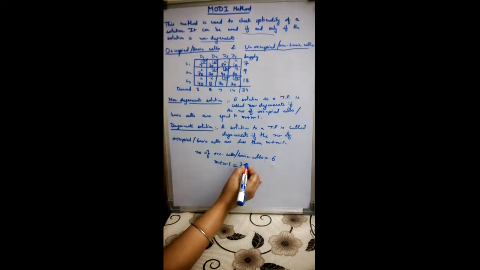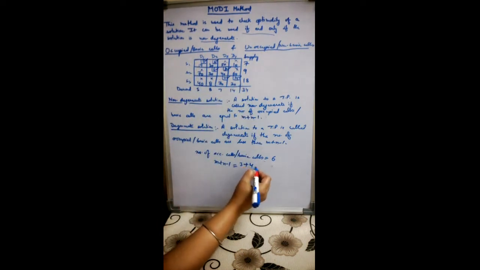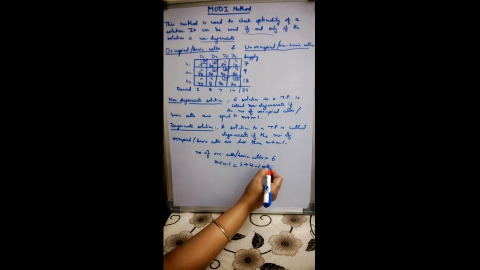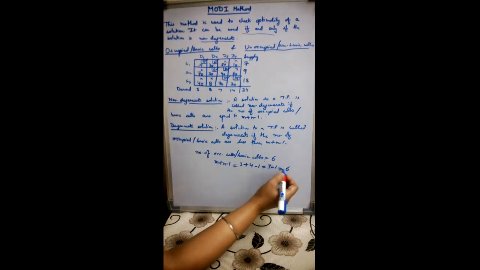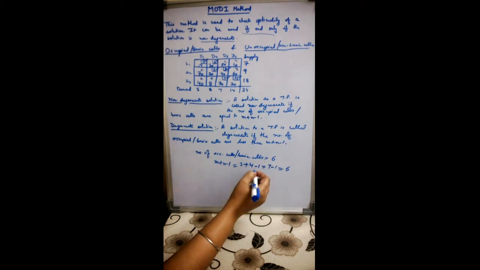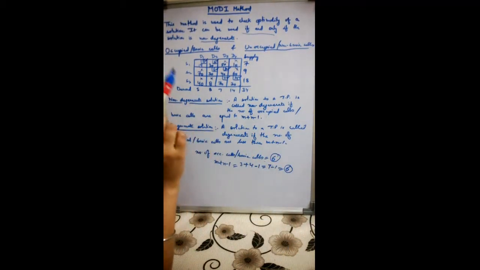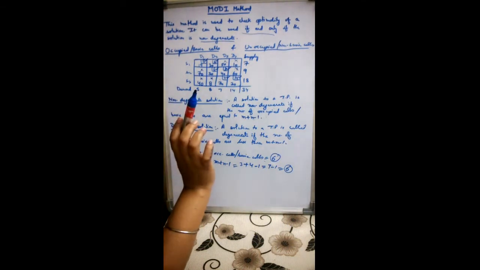M represents the number of rows, which is 3. N represents the number of columns, which is 4, minus 1. So this is 7 minus 1, which is equal to 6. So the number of occupied cells or basic cells is equal to m plus n minus 1. Both these values are the same, so this solution is a non-degenerate solution.